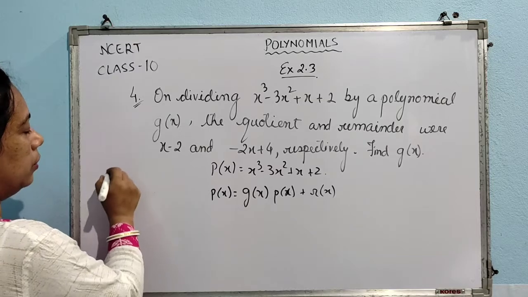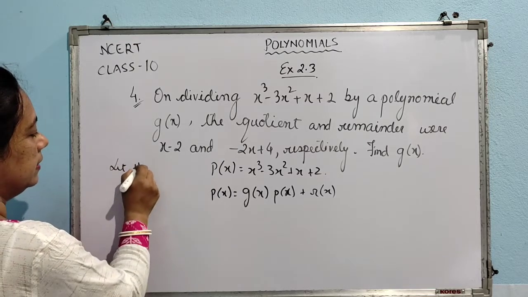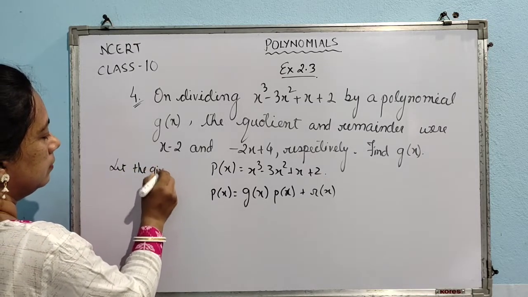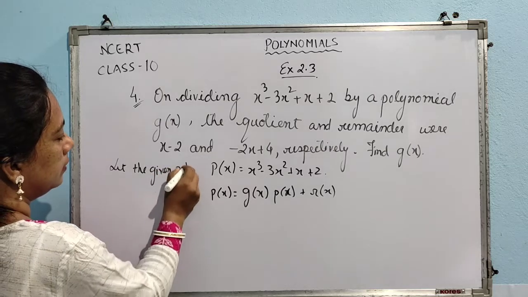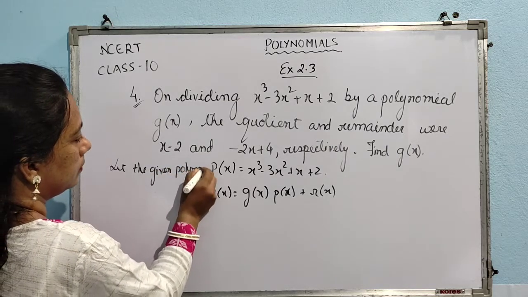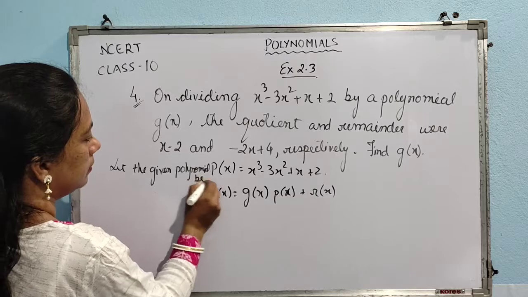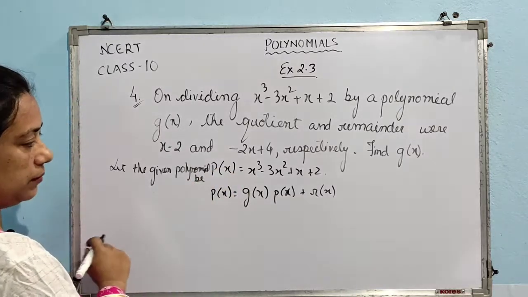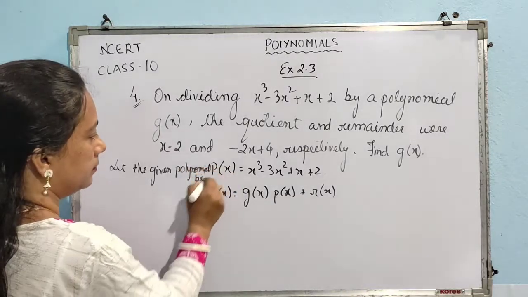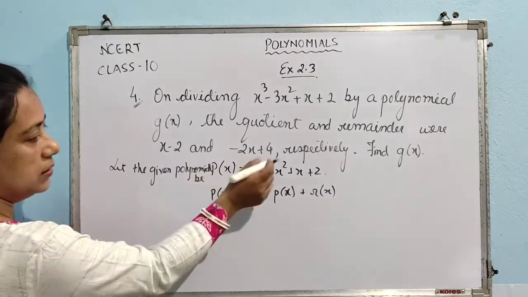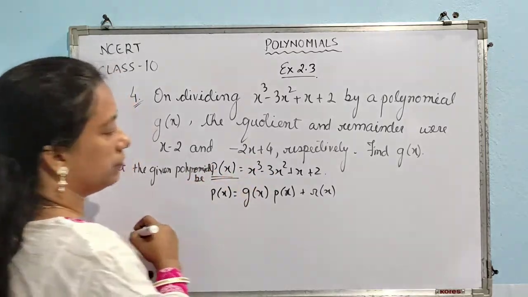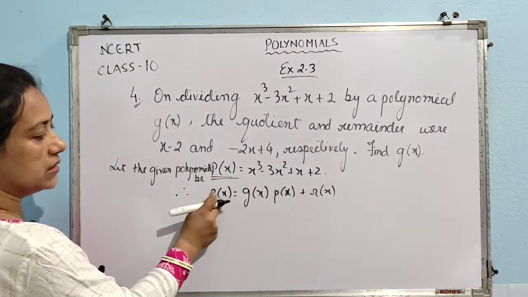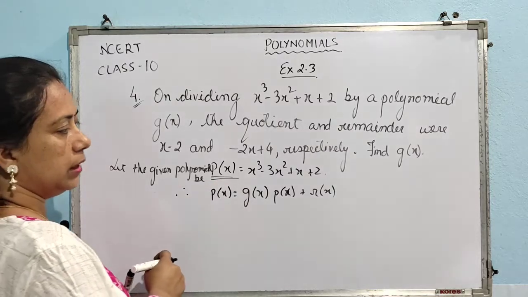So we can start like this. Let the given polynomial be p of x equal to this much. Therefore p of x is equal to g of x into q of x plus r of x.